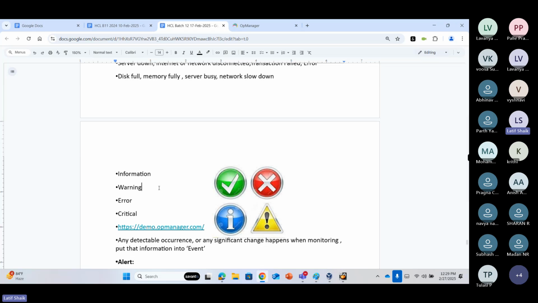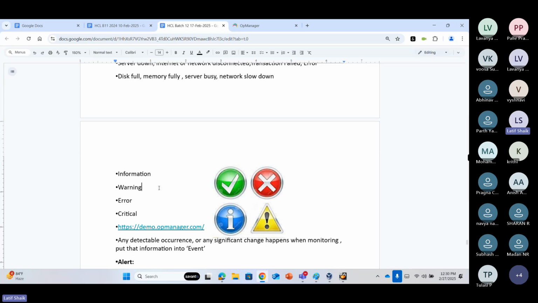Warnings should be taken carefully because it is going to be an error next time. It has already reached its threshold point, and a warning is generated. For example, the threshold point of a server is 60%. It crosses 60%, goes to 70%. Maybe after a few hours it goes to 80%, 90%, and the server is down.